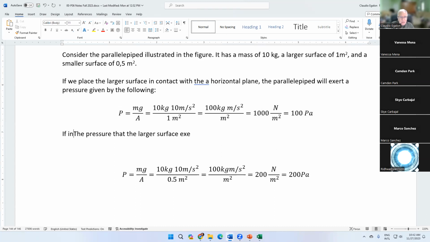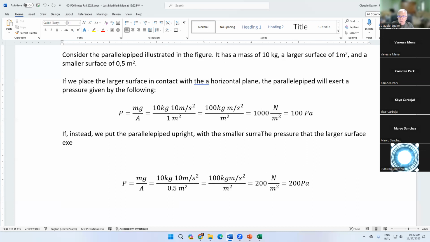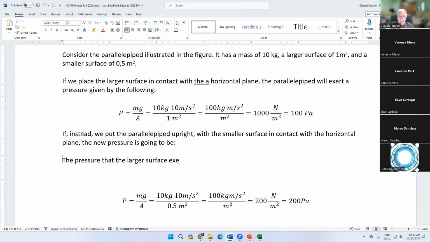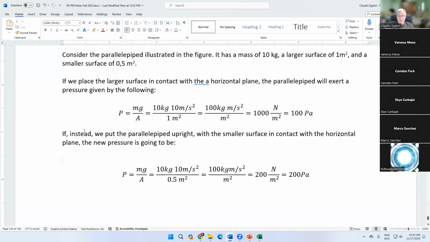If instead we put the parallelepiped upright with the smaller surface in contact with the horizontal plane, the new pressure is going to be different.